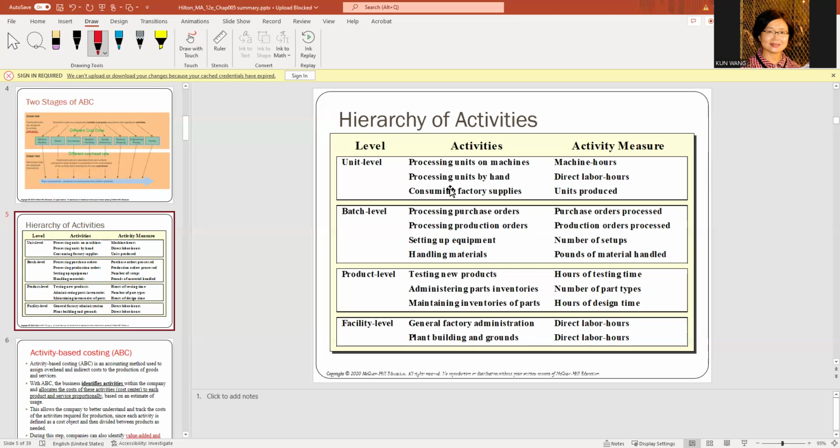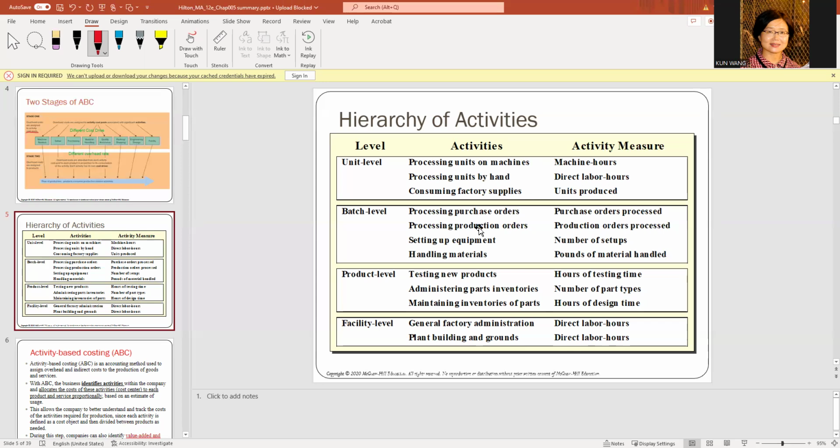So down to the basic measurements of production: machinery hours related to the machinery expense, direct labor hours, units produced, and the supplies consumed in the production. So those are unit levels.